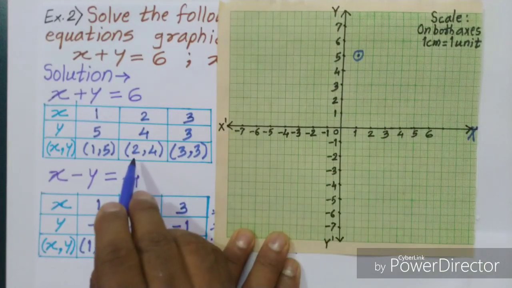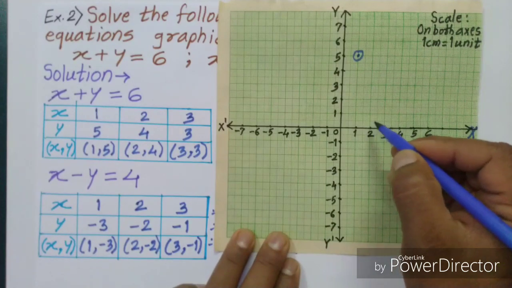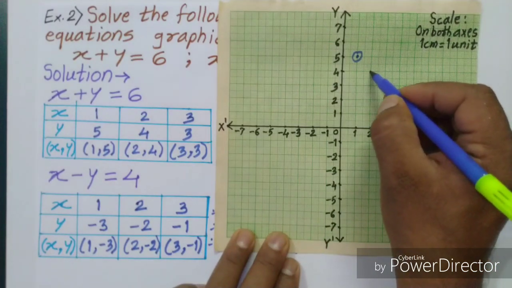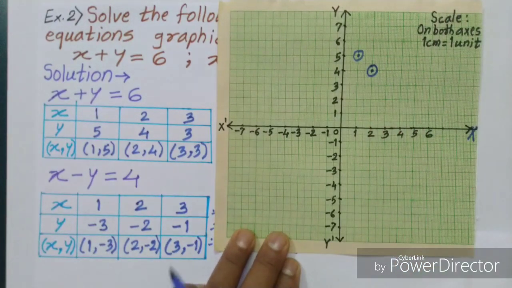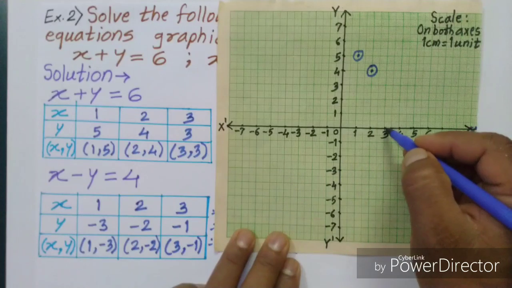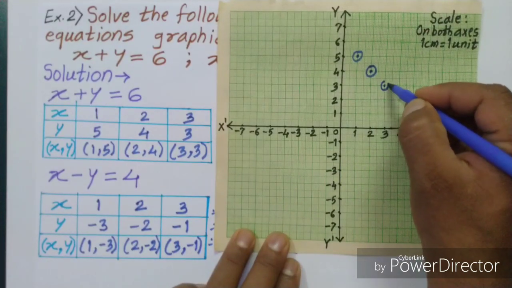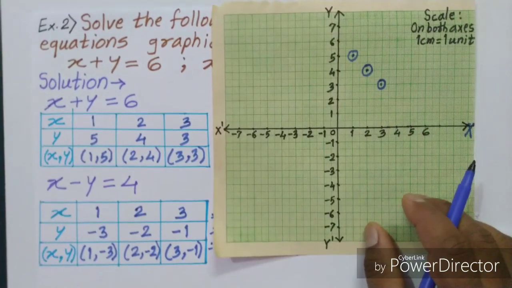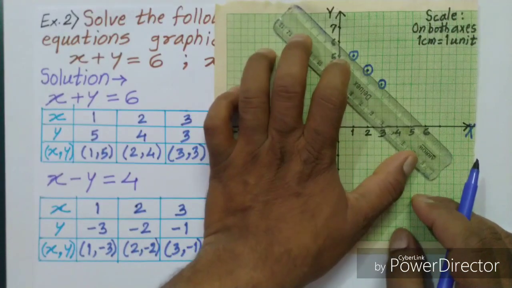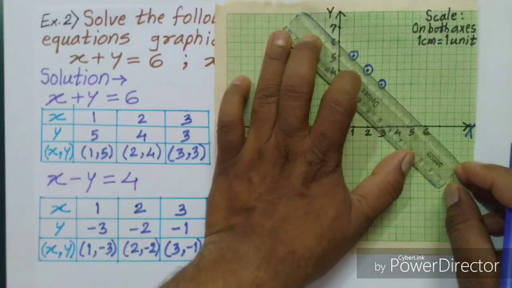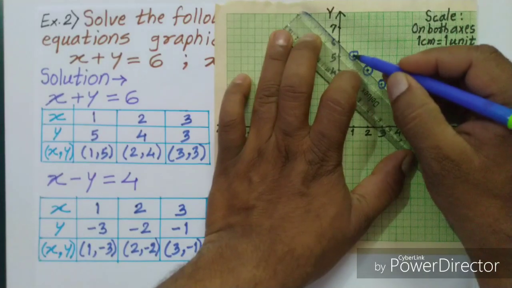Then the second point (2, 4). The value of x is 2, the value of y is 4. That is the point. The third point is (3, 3). The value of x is 3, the value of the coordinate of y is 3. We plot these points and we draw a straight line. A straight line passing through those 3 points.